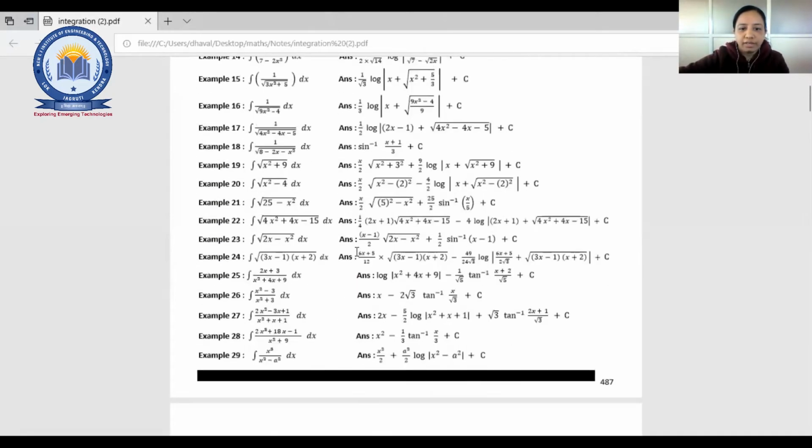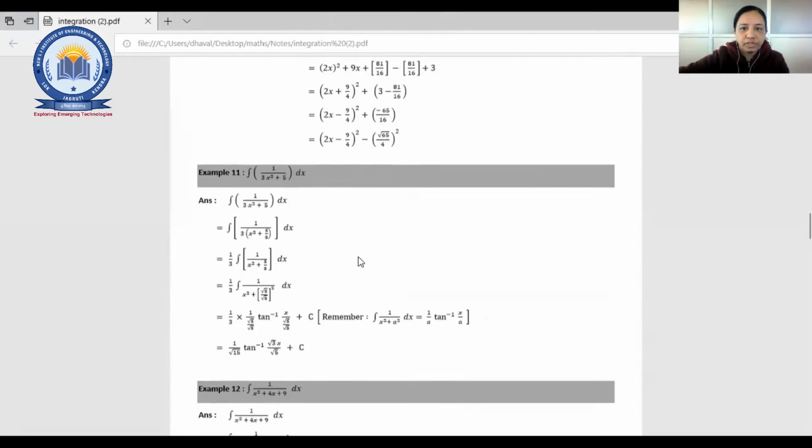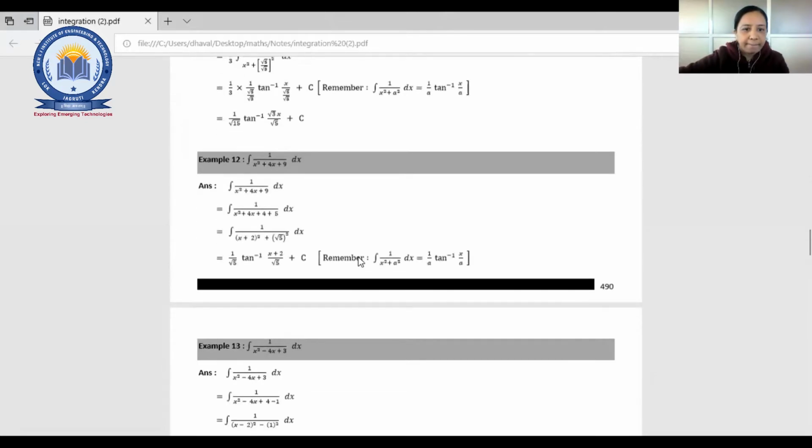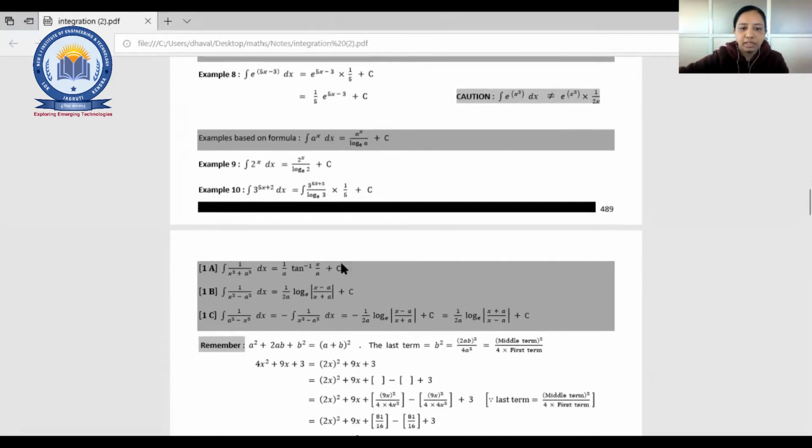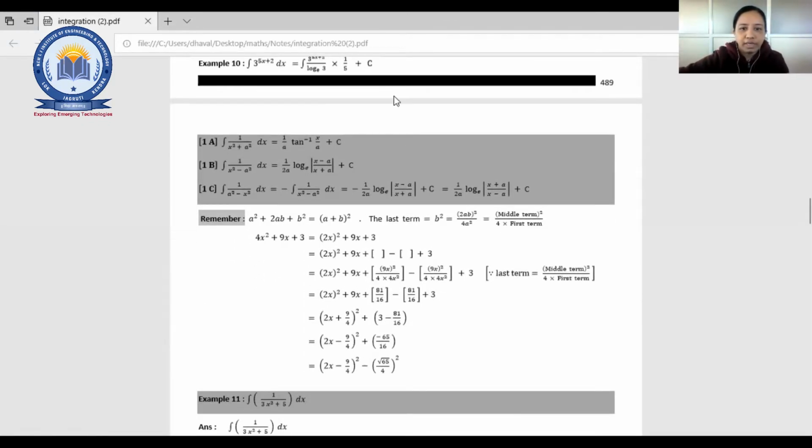So in that one, the first one we have seen up to this one, right? Now the another formula is integration 1 upon x square plus a square dx.